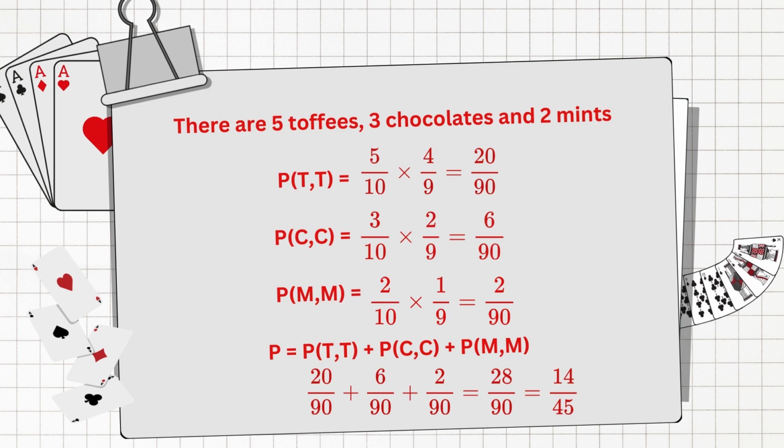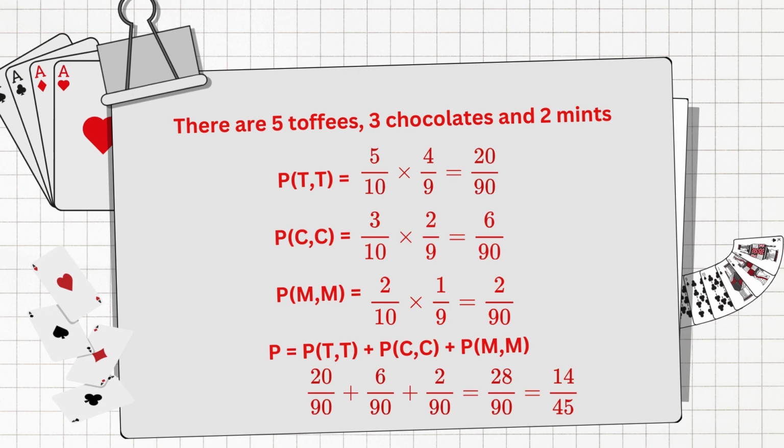Now, what is the probability of picking 2 chocolates? Because I have 3 chocolates out of 10, the probability of picking the first chocolate will be 3 over 10, while the probability of picking the second chocolate will be 2 over 9. So the probability of picking 2 chocolates will be 3 over 10 times 2 over 9, which is 6 over 90. Now, let's go ahead and look for the probability of picking 2 mints.